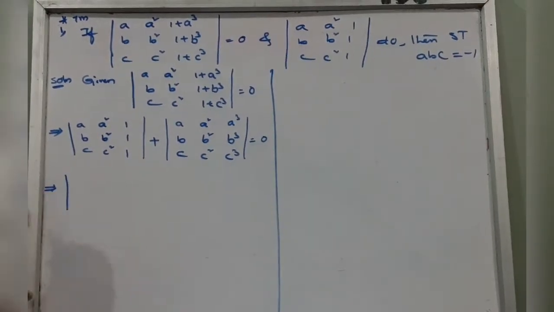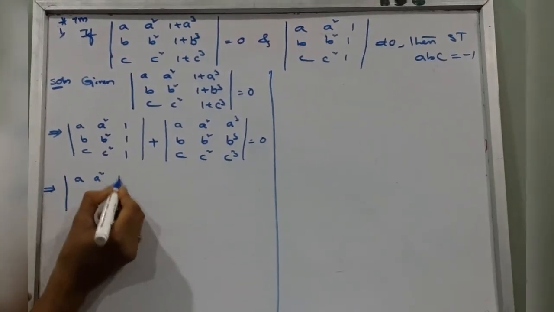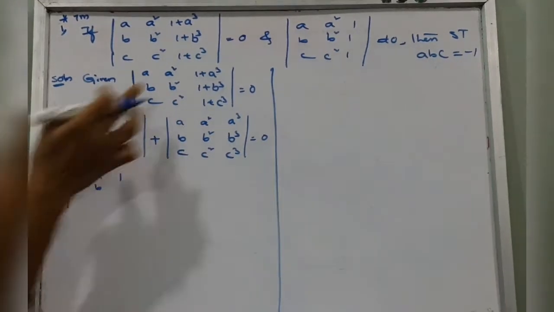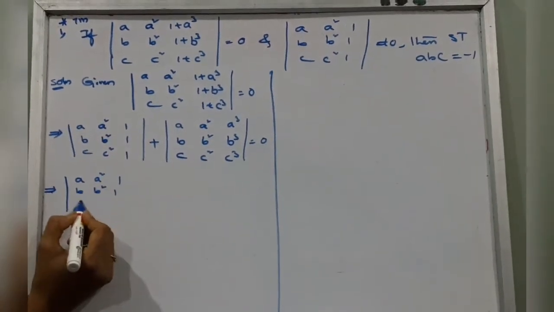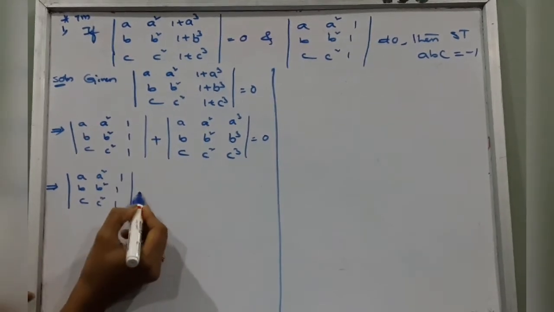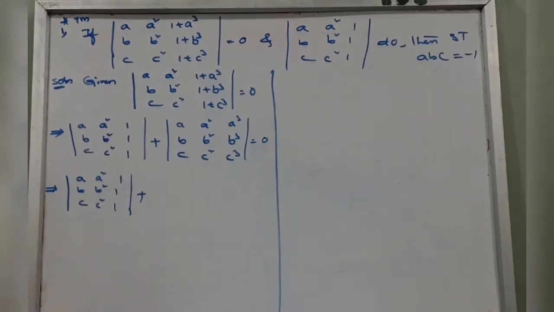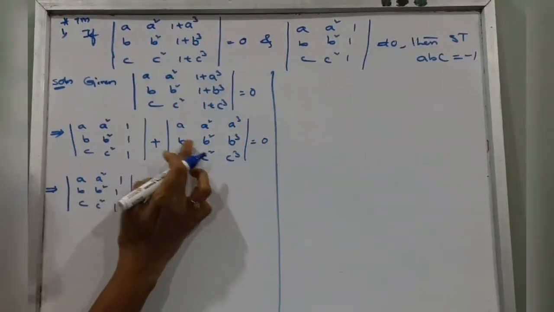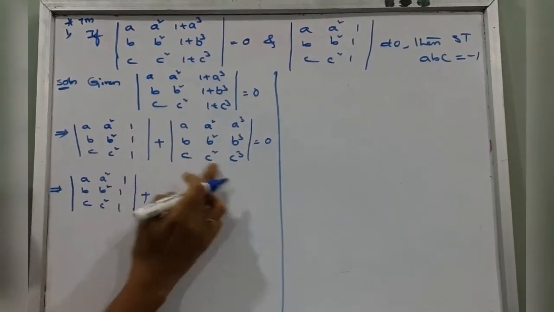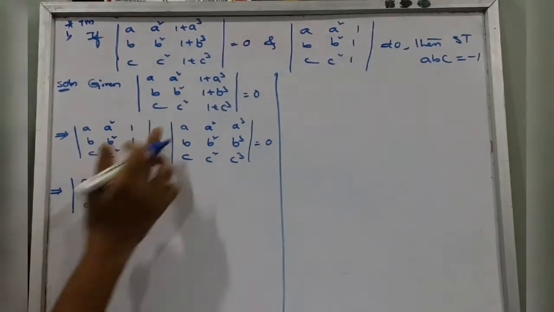This implies a square 1 can split into two matrices: b square 1, c square 1 plus, from the first row a is common, from the second row b is common, and from the third row c is common.